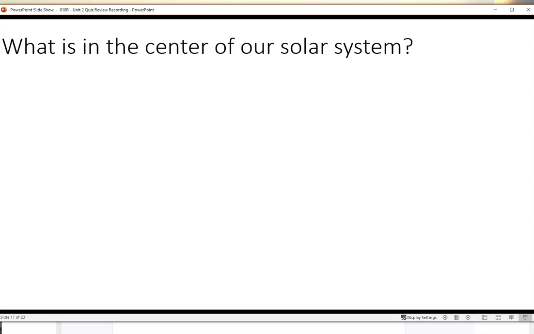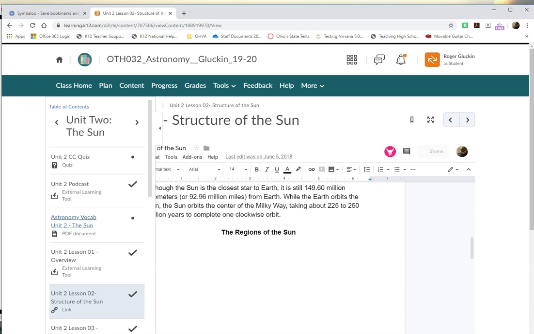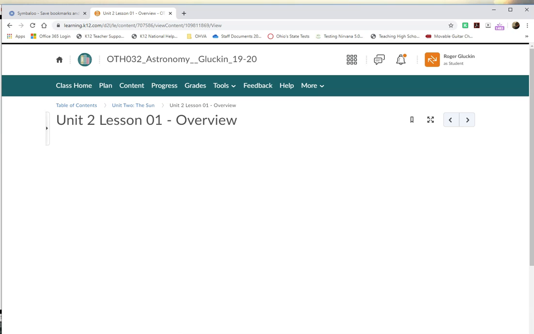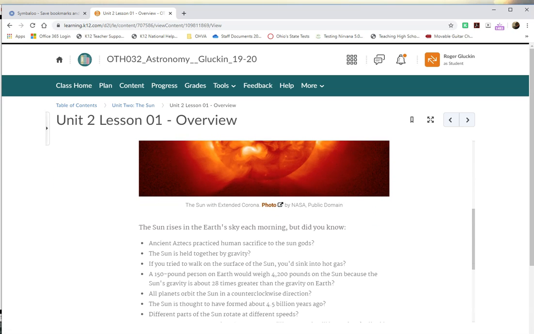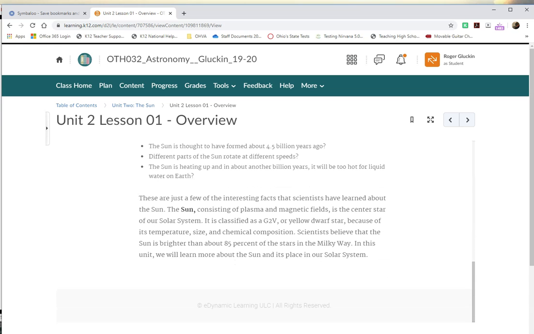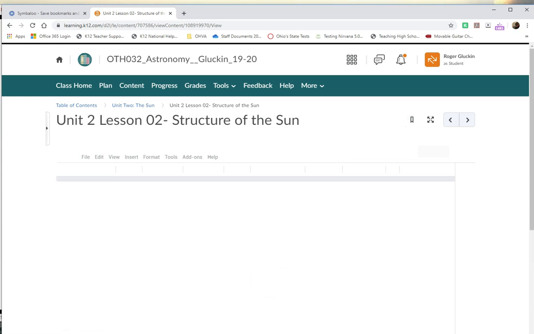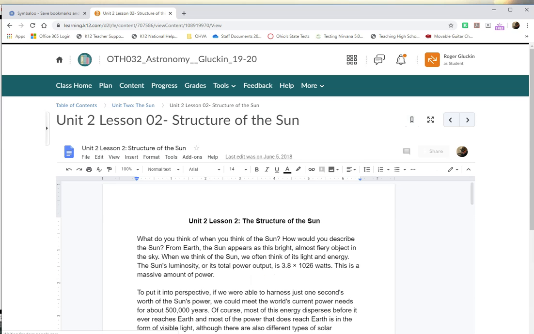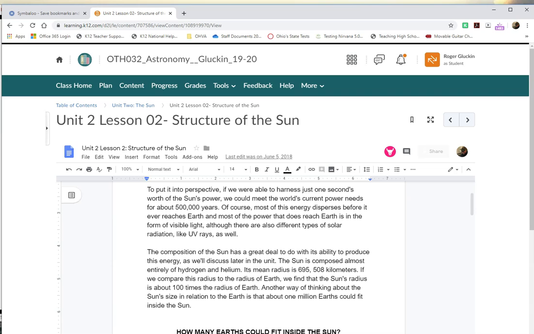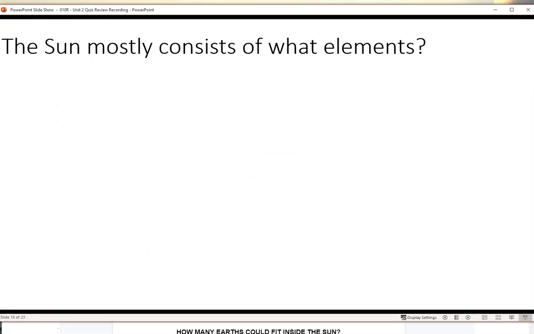What is in the center of our solar system? Go to lesson 2 for that one as well. And honestly, that's something you should know already anyway.